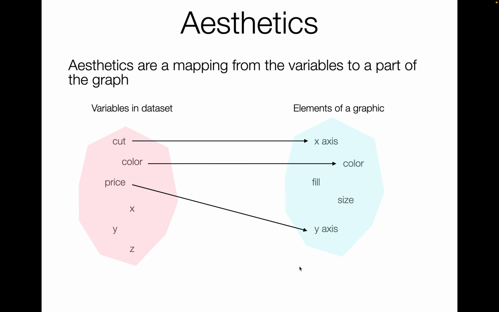It's a mapping, so it's a function really that maps variables to elements of a graph. The important thing that you need to know is that an aesthetic is always a variable in your data set. Okay? If you want the variable of the data set to be included in the graph in some form or fashion, it needs to be inside the aesthetic call.